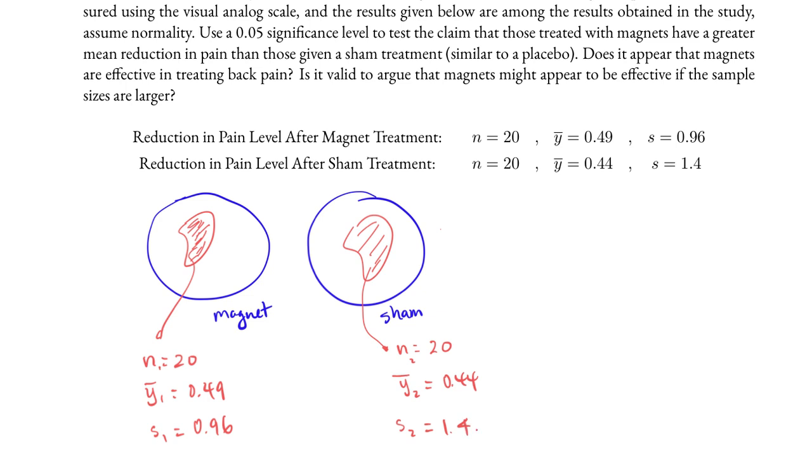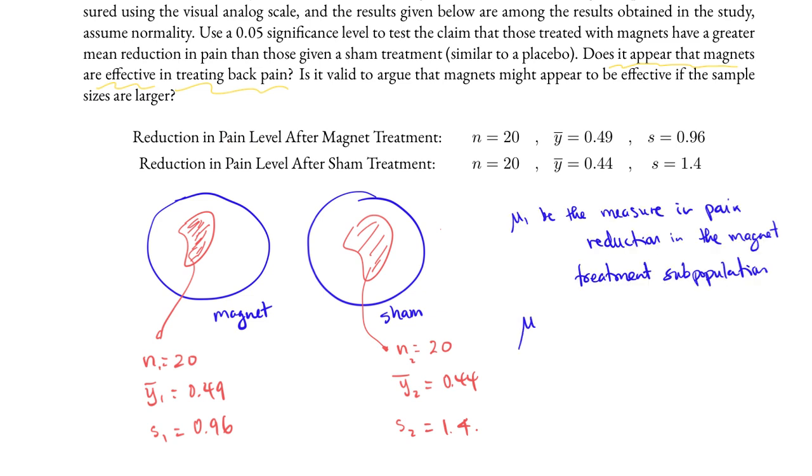We seek to answer the question, does it appear that magnets are effective in treating back pain? The mean given is the reduction in pain, and so if the magnet treatment is better than the sham treatment, then it should have a greater reduction in pain.